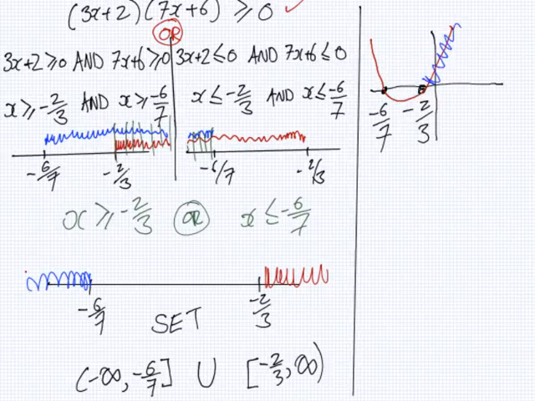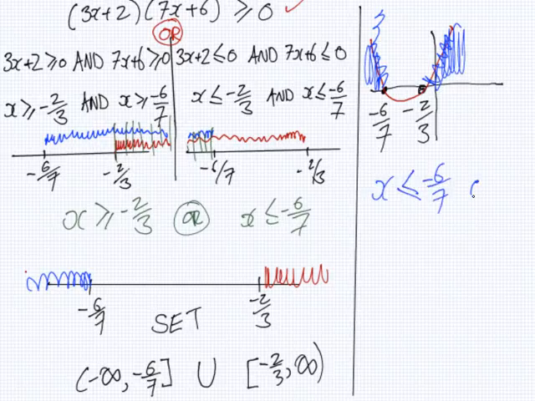So here and here, yes? So that's this piece and this piece. So that's x is less than or equal to minus 6 over 7, or x is bigger than or equal to minus 2 over 3. The exact same result. But because you saw the difficult way of doing it, you can now appreciate this is the best way to do it in the exam.